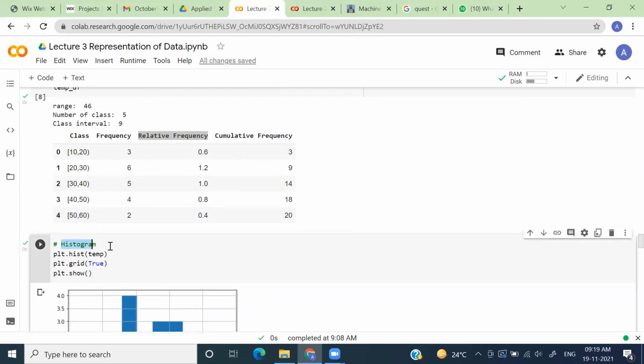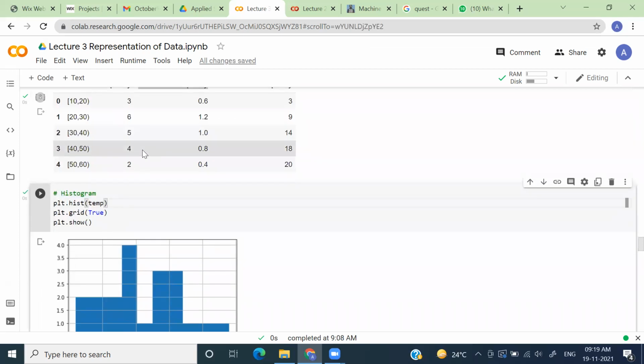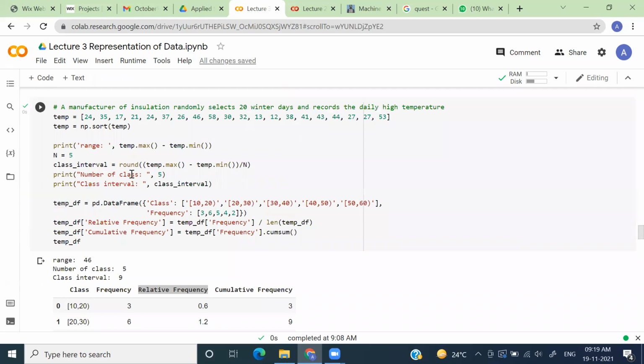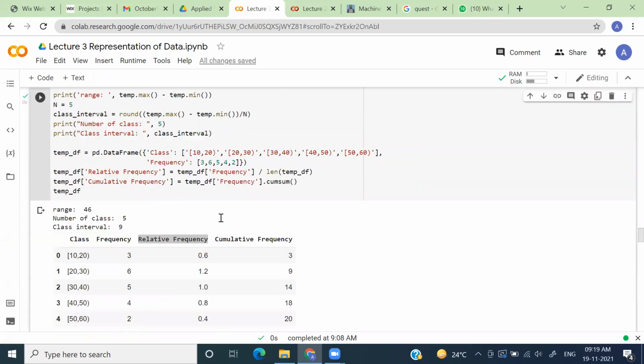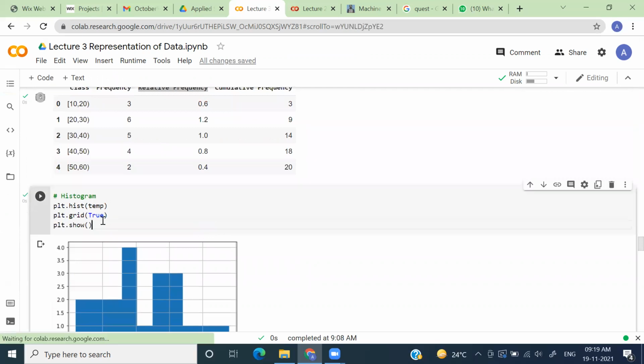Now comes a very important part, the histogram, because this is the most commonly used visual you'll see for numerical data. I have the same data, the temperature of 20 days. To represent this data in a histogram, I'll use my matplotlib function.